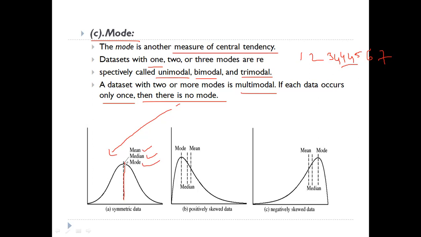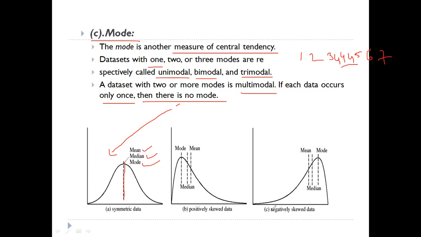All values result in a single number. I mean all measures would result in a single number, right?